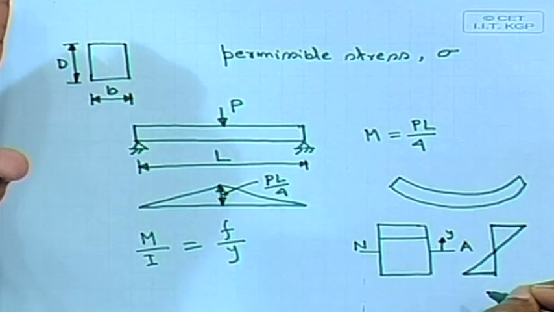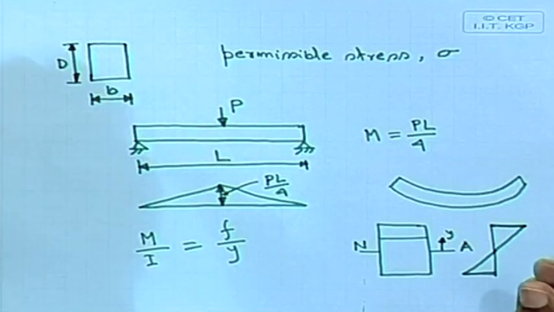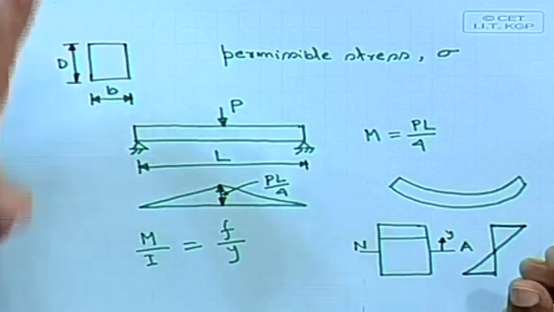If it is wood, it has a permissible limit. If it is steel, it has a different value. Similarly, for aluminum it has a different value. Each material has its own permissible limit, and where are we getting that from? We get it from the stress strain curve of that particular material. From the stress strain curve, we find the yield strength, where that material will yield.